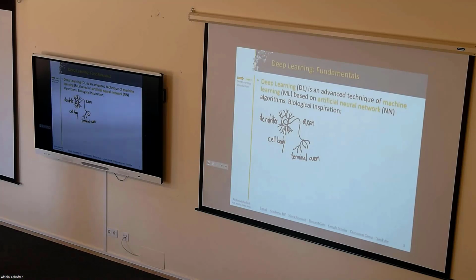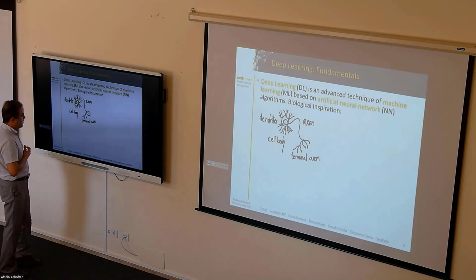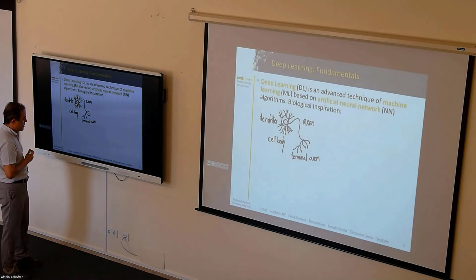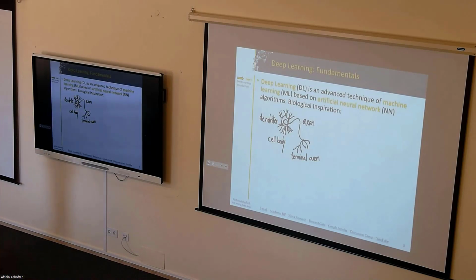And we have the similarity in artificial neural networks, okay? So let's move our ship in the sea and the ocean to the world of the artificial neural network, okay?